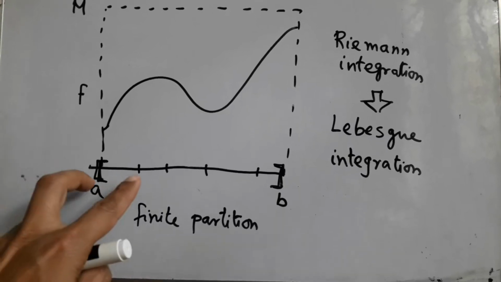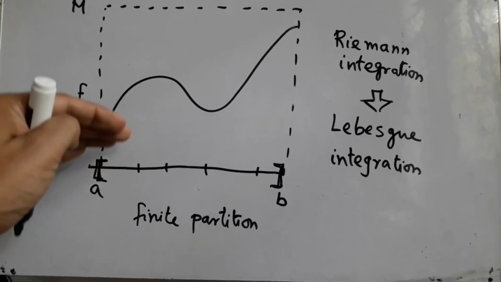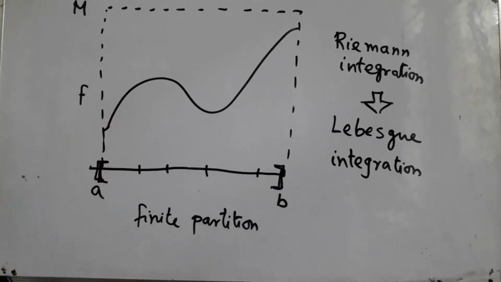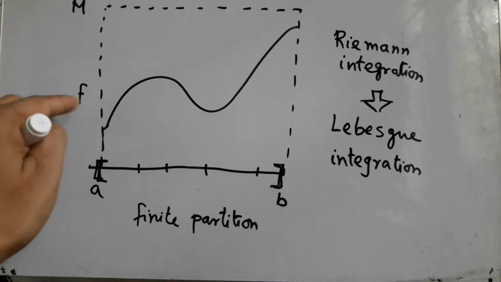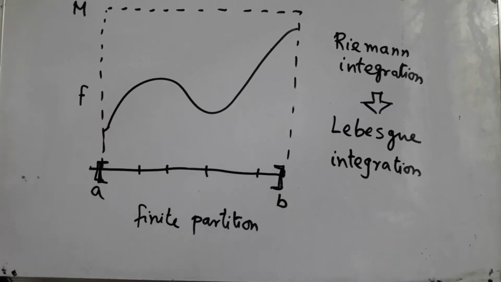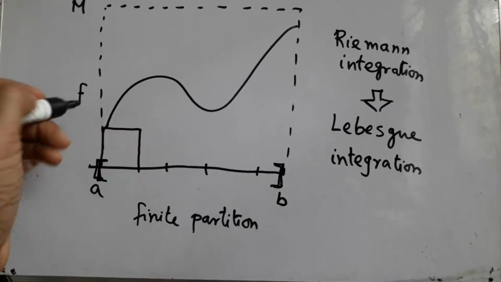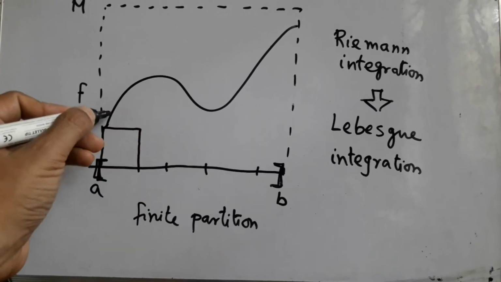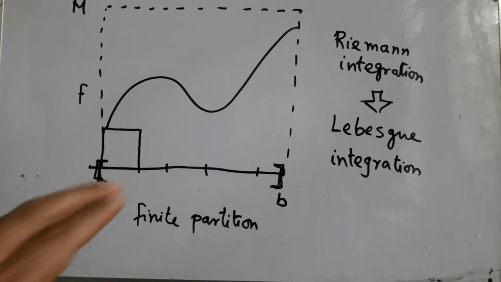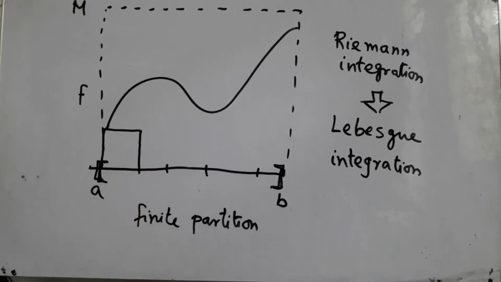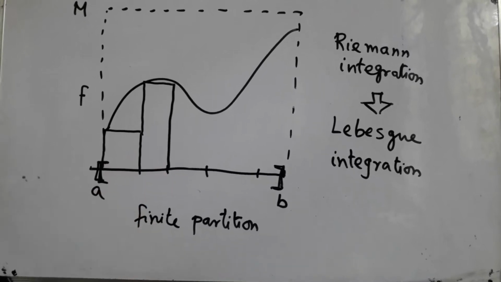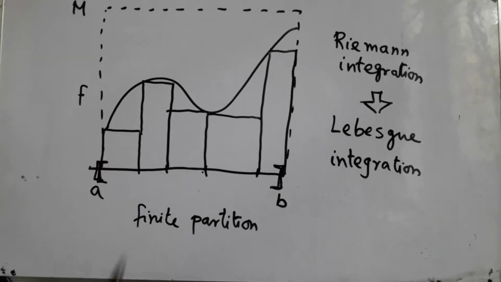Then on each subinterval you raise a rectangle until it hits the graph. For instance, over this subinterval I have raised it and I cannot raise it any further without crossing the curve. Now here also we shall raise one rectangle and similarly over the other intervals as well.